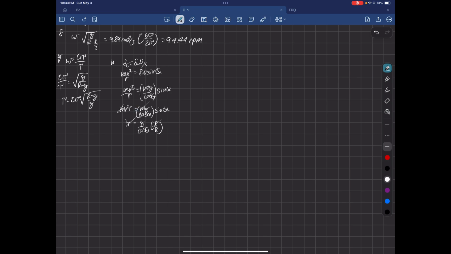So isolating for omega, we just square root both sides. Omega is the square root of g over cosine theta r.